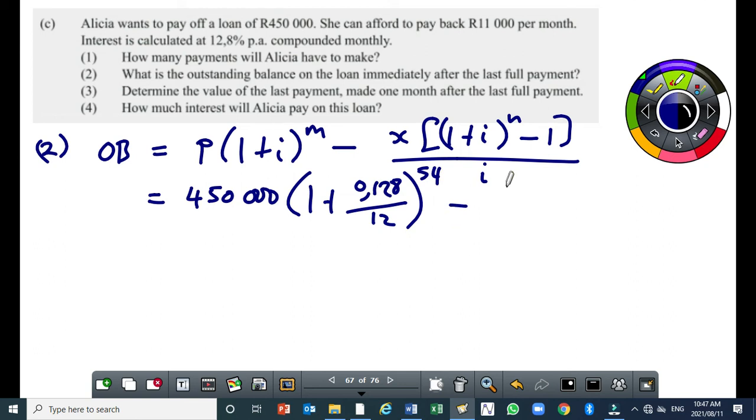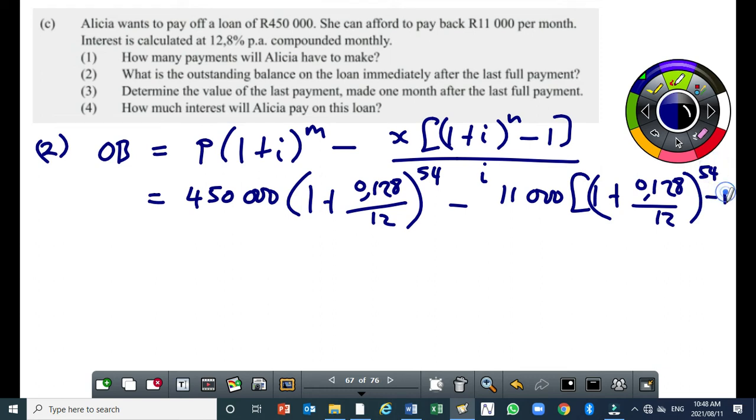Minus x, it is 11,000. 1 plus 0.128 over 12, all raised to the power of 54, right? You subtract 1 from that, you divide by 0.128 over 12. What answer do you get?